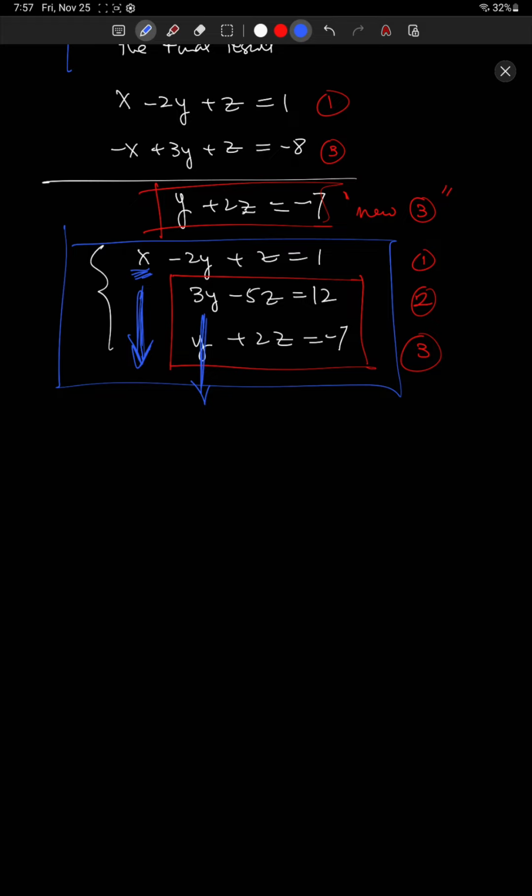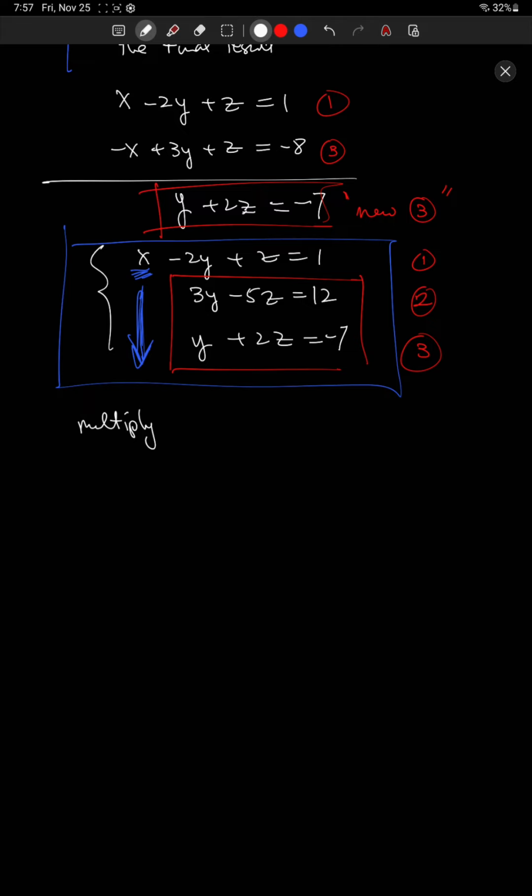You keep going until you get to the end, which we'll see very soon. Okay, so I'm going to use the 3y minus 5z equals 12, equation 2, to clear that y in equation 3. So again, our algorithm, you always do it the same. You multiply something to the base equation that we're using to cancel the other guys.